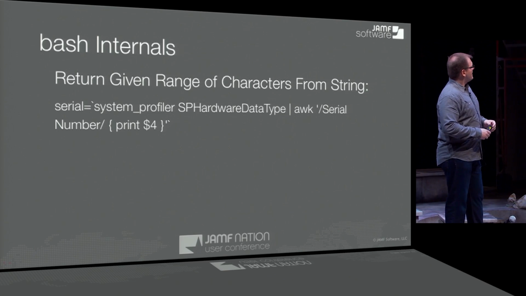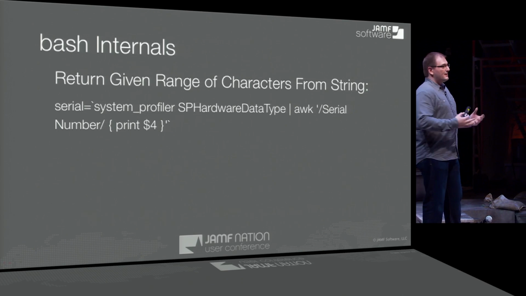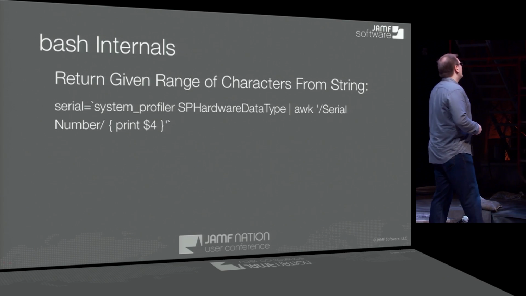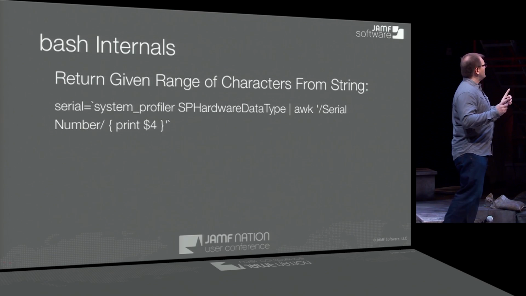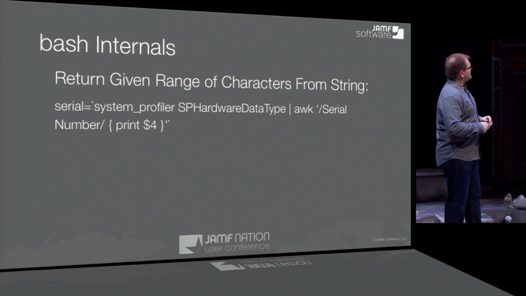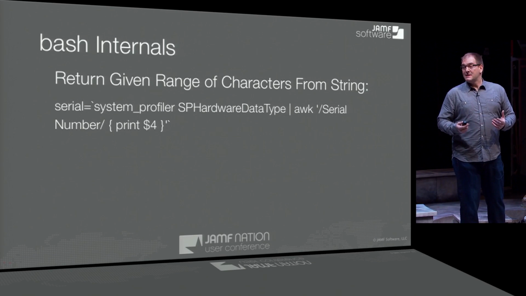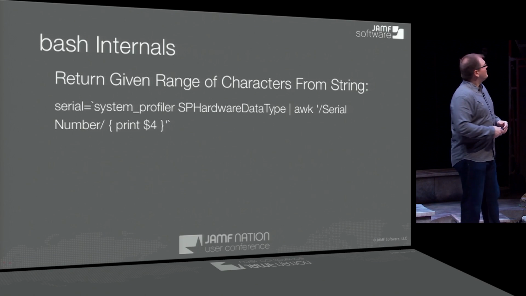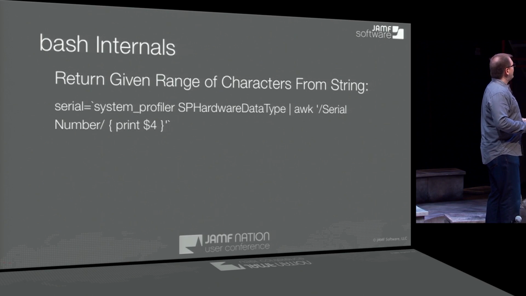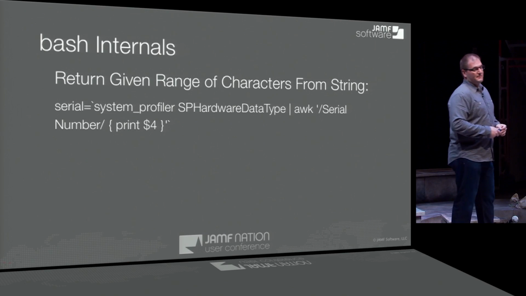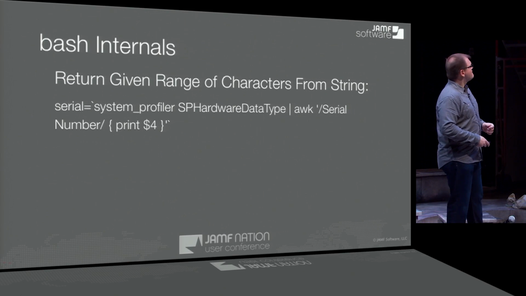So instead of using grep, since I'm using awk anyhow, awk has a function very similar to grep. And so by defining a substring between those forward slashes, I'm getting effectively the same idea as what I would get from grep, right? So I'm saying return the line containing serial number and then give me field 4 from that line, okay?